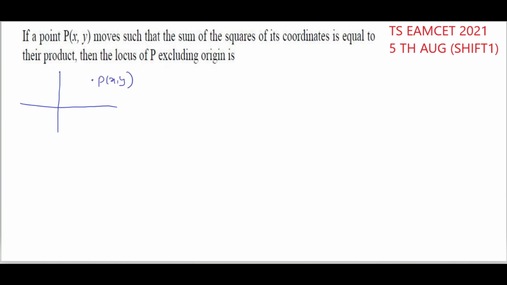The distance from P to the x-axis is modulus of y, and the distance from P to the y-axis is modulus of x. Sum of the squares of its distances, that is mod x square plus mod y square, is equal to their product, that is xy. So this is x square plus y square is equal to xy.